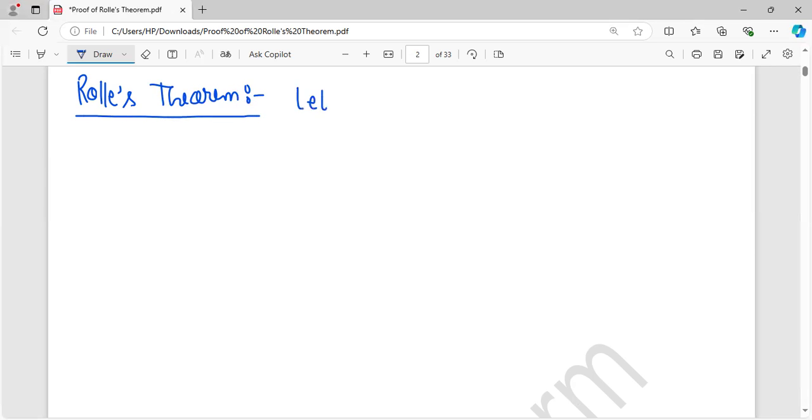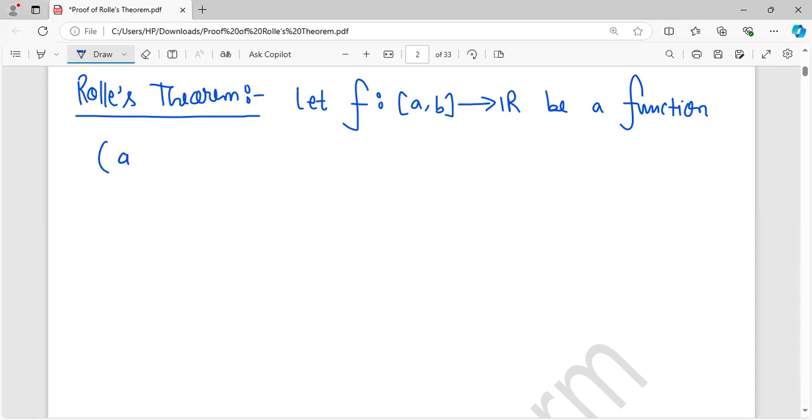Let f: [a, b] → R be a function. Here a and b are real numbers, and a is less than b.